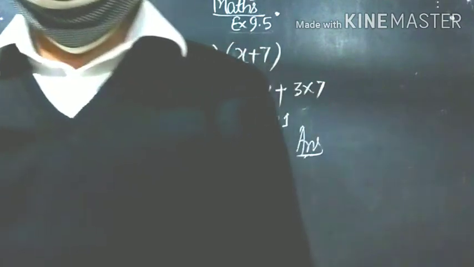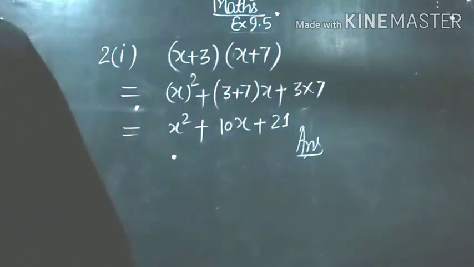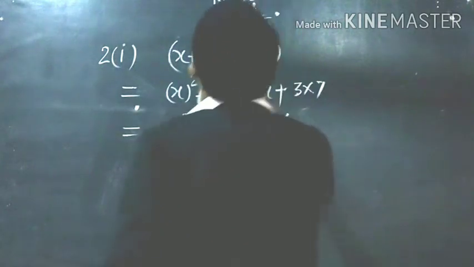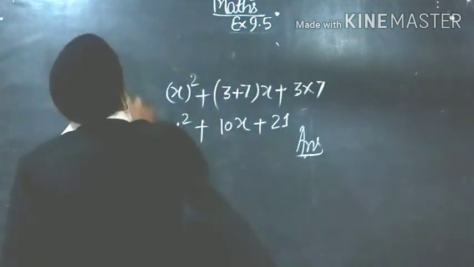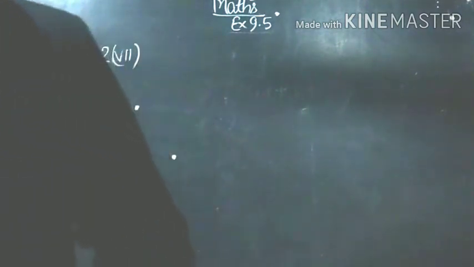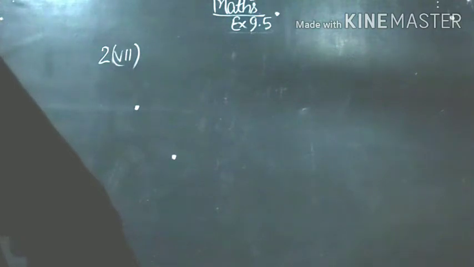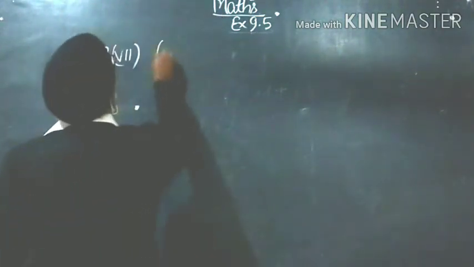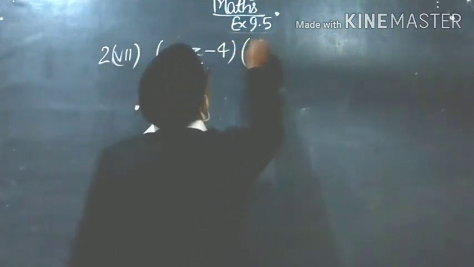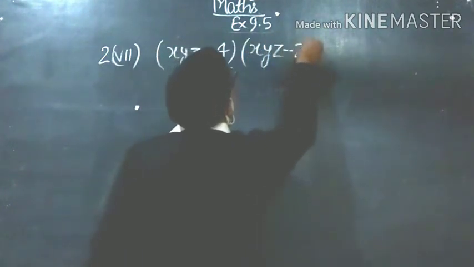Then question number 2, last part, the seventh part, is (xyz minus 4) into (xyz minus 2).